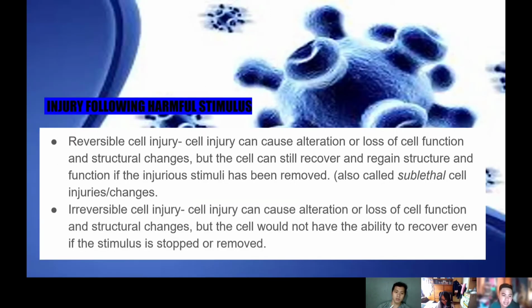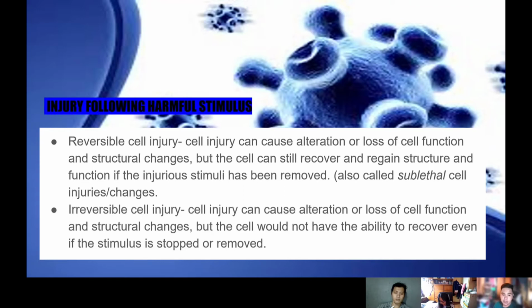Next, let's talk about injury following a harmful stimulus. Number one, first, the reversible cell injury. Cell injury can cause alteration or loss of cell function and structural changes, but the cell can still recover and regain structure and function if the injurious stimulus has been removed. It is also called sublethal cell injuries or changes.